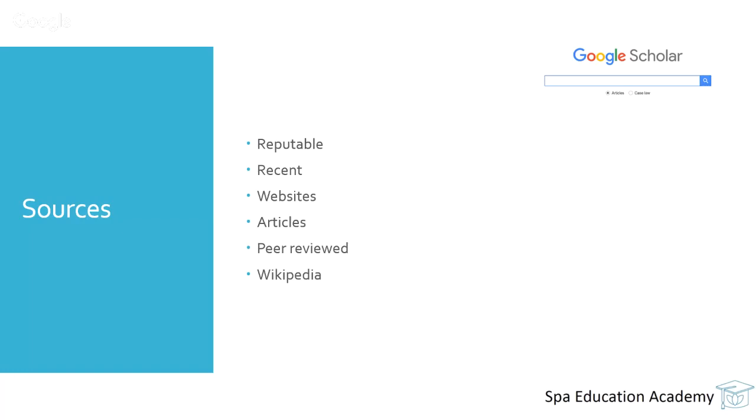Articles. What we have is magazine articles, which you've probably always read, but then we also have articles which are academic. They're written by scholarly professors, people who are qualified doctors, PhD, they've got their masters.